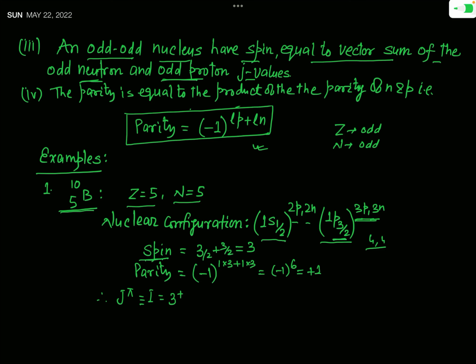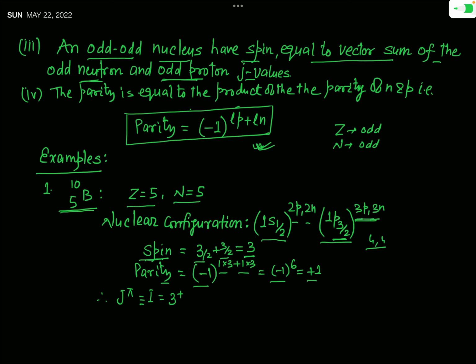Here the value of J is 3/2, so the spin will be 3/2 plus 3/2, which is equal to 3. Okay? And if you want to find the parity, use this formula which I have mentioned earlier several times. So this will be minus 1 raised to the power 1 into 3 plus 1 into 3, which is minus 1 raised to the power 6, which is plus 1. So this nucleus also has even parity.